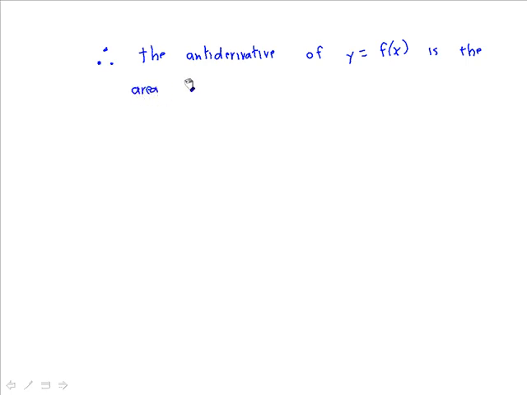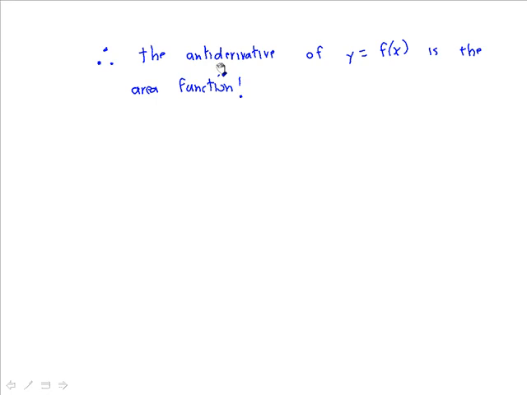This is critical because it means that instead of having to do what we did before by drawing all those little rectangles and getting the Riemann sum for the area under a curve, all we have to do is take the antiderivative of the function and we get the area function, and it gives us a formula that we can use to get the area.